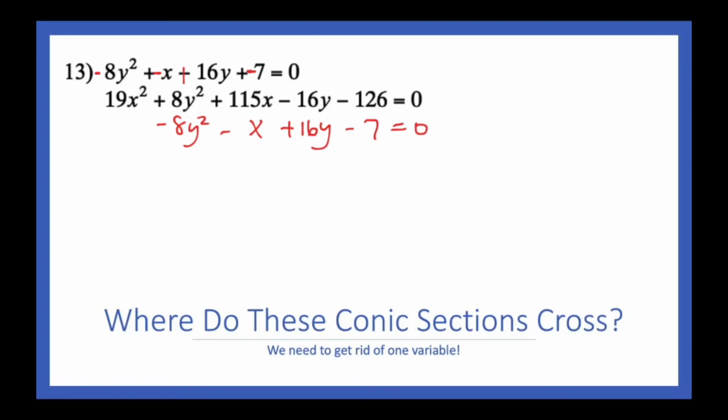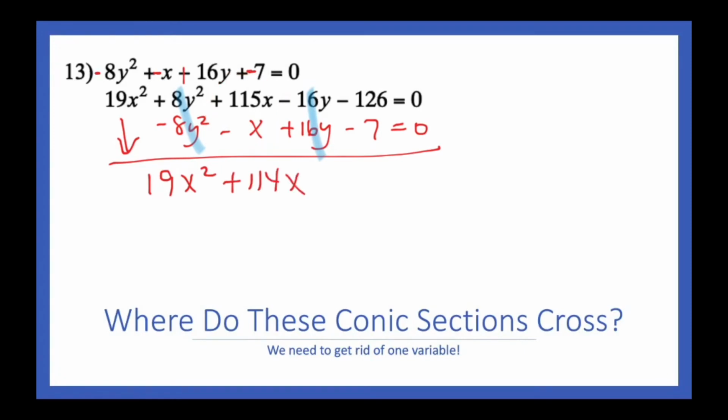Let's do elimination on this one. These cancel and those cancel, leaving me with 19x squared plus 114x and negative 133.